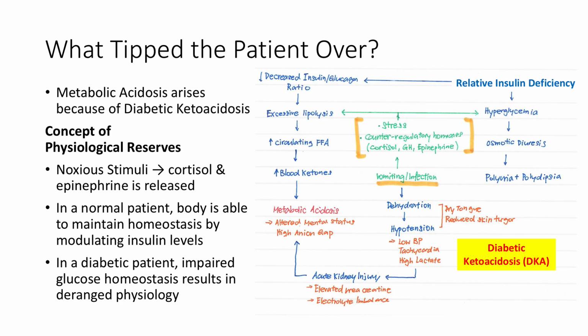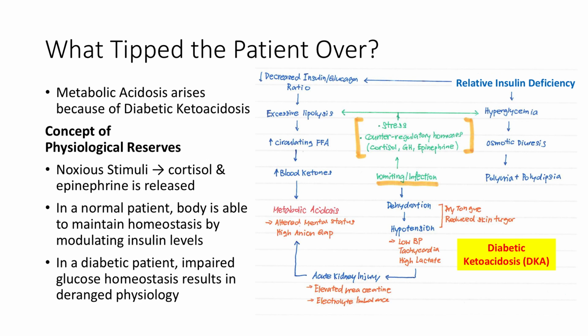Do you all understand this? Okay, so our patient now has relative insulin deficiency. So to begin with, he is predisposed to hyperglycemia and all its related symptoms. It was previously well controlled with insulin, but remember he has stopped taking his insulin for 24 hours already.